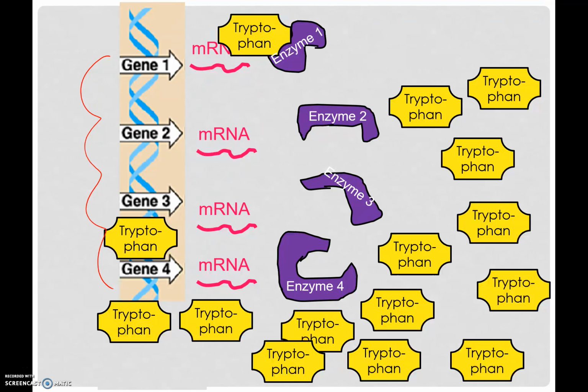So a tryptophan, when the levels are so high, randomly collides with enzyme number 1, attaching to its allosteric site, working as an allosteric inhibitor, and now that first enzyme changes shape. The active site is no longer viable, or no longer works. So now when you have that first substrate come in, there's no reaction. And so therefore, this metabolic pathway is shut down.